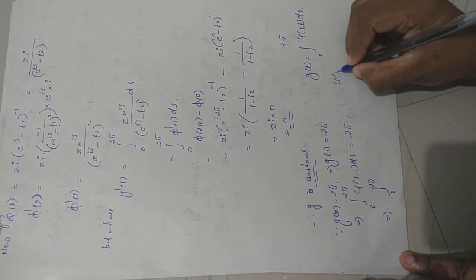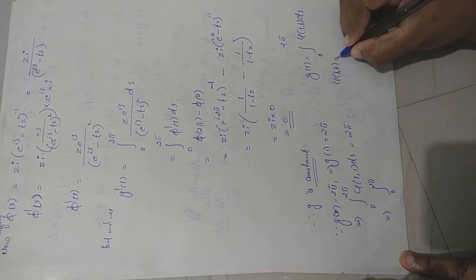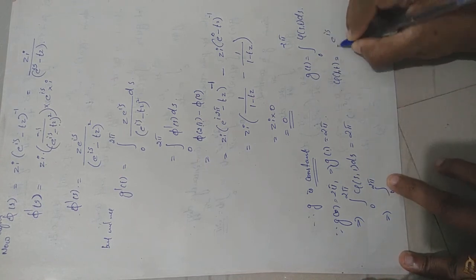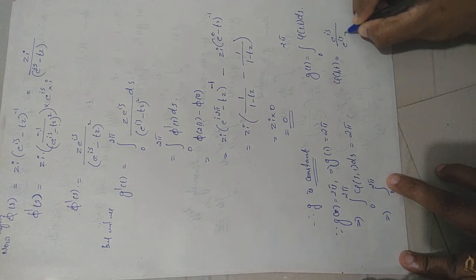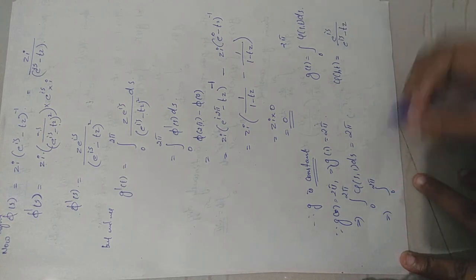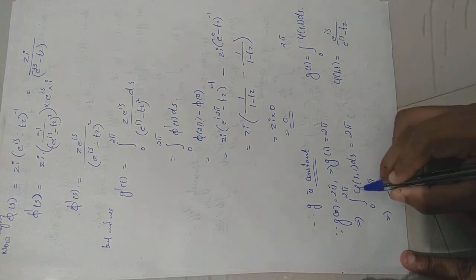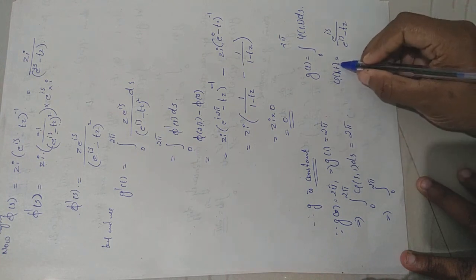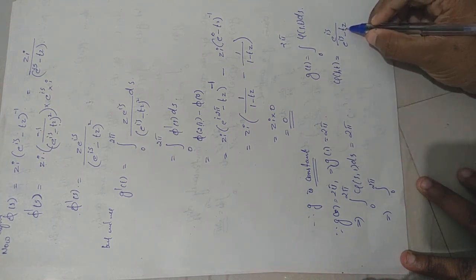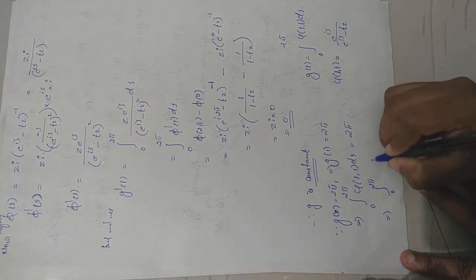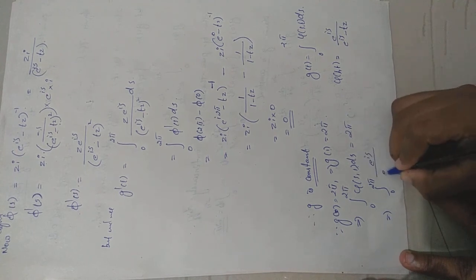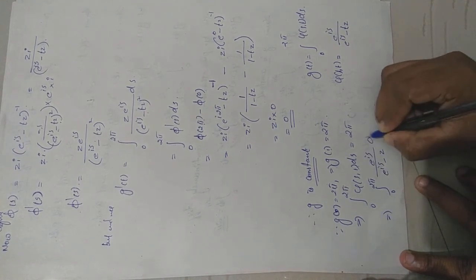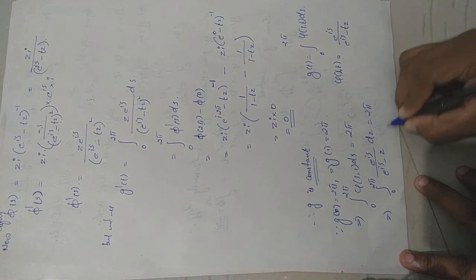We defined psi of s comma t equal to e raised to is divided by e raised to is minus tz. So psi of s comma 1, instead of t we write 1: e raised to is divided by e raised to is minus z, ds, equal to 2 pi. So this is what we wanted to prove.